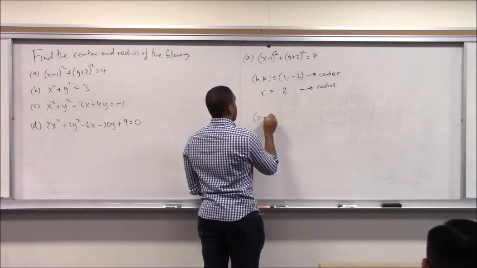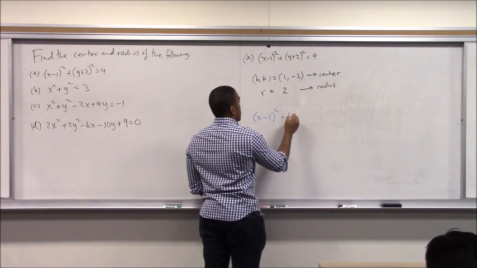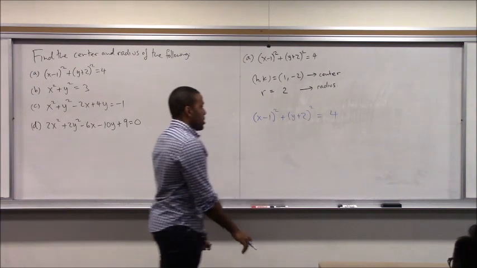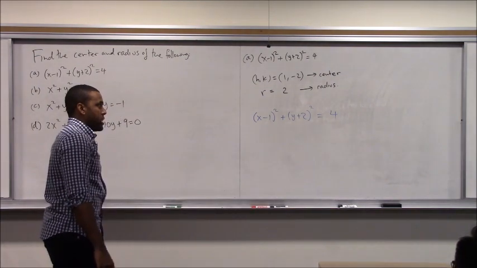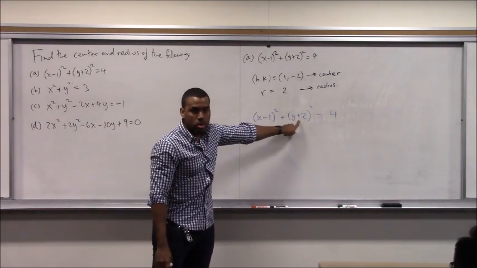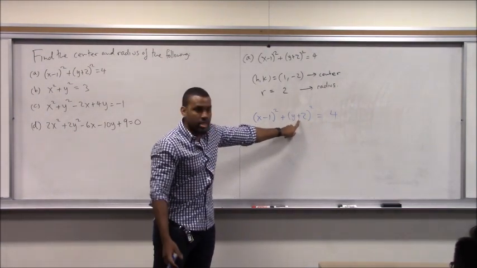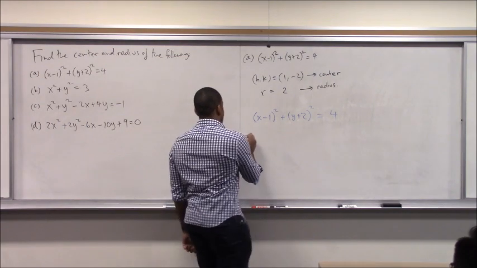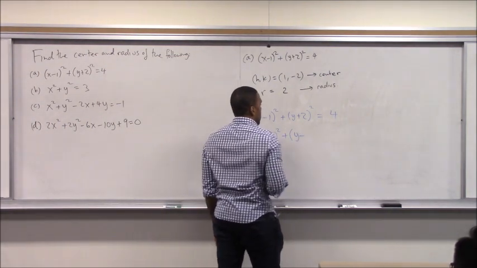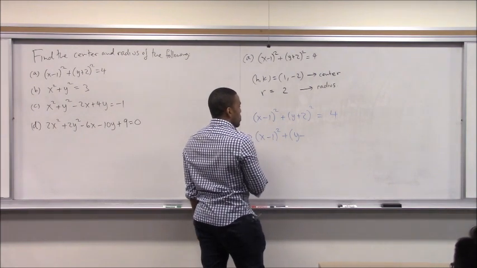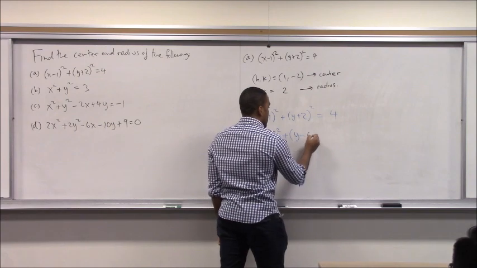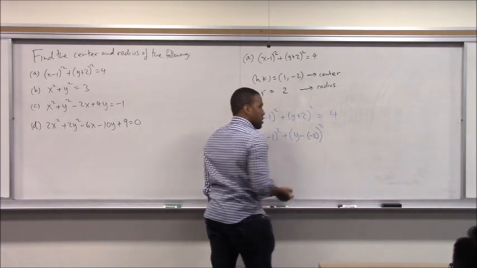Here we had (x minus 1) squared plus (y plus 2) squared equals 4. You need to write it exactly in that form. In that form there was a minus sign, whereas here we have a plus sign. That is a problem. The first thing you realize is that we need to rewrite this so that there's a minus sign. But how can I rewrite a plus 2 if you're forcing me to use a minus sign? Well, you do minus a -2. That will make it a plus 2.